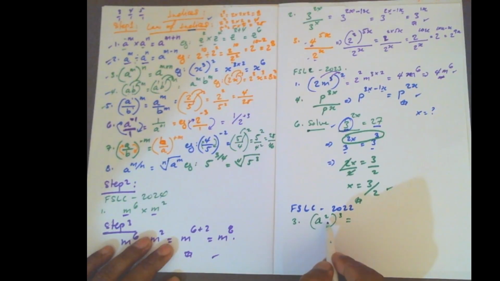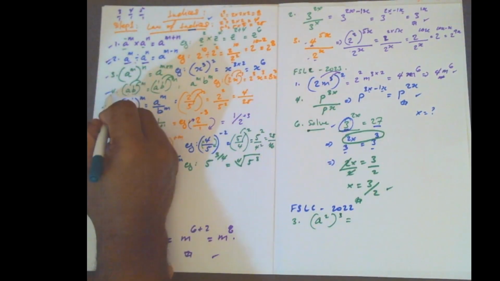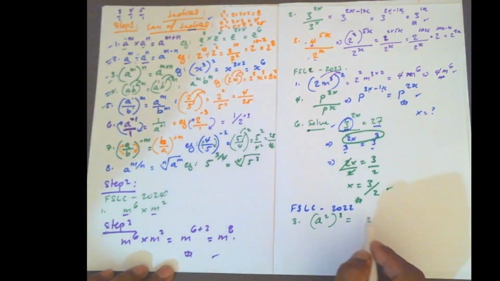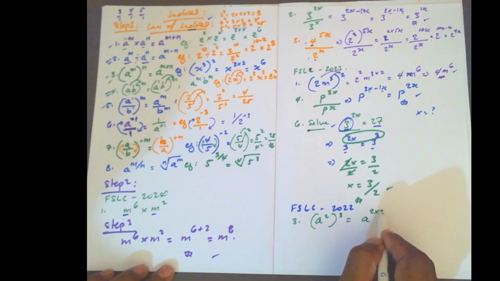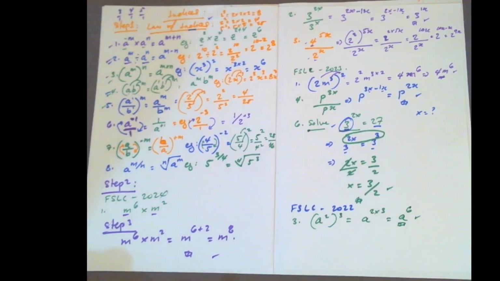Now, a power raised to another power, how can we solve that? We'll use the third law. A power raised to another power, we multiply the powers. So this is a to the power of 2 times 3, and 2 times 3 is 6. And that's your answer.